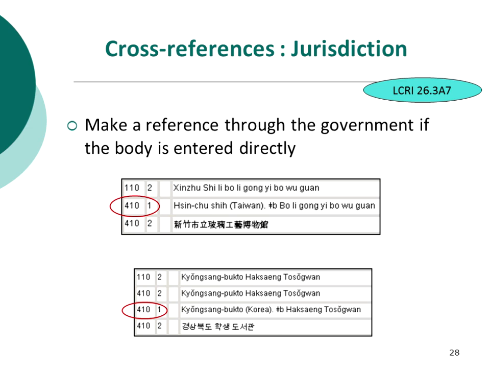Let's look at our second example here, the second 410. Again, the cross-reference is provided under the government. I believe it's a province or equivalent area. But anyway, this is a cross-reference entered under the government. Okay, so keep in mind, when you have a government body that is entered directly, make a reference through the government.